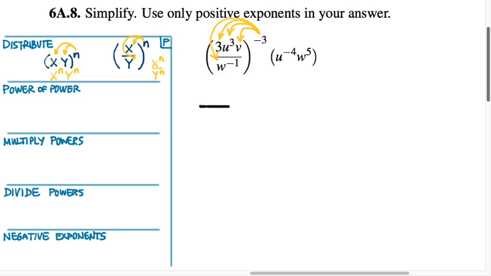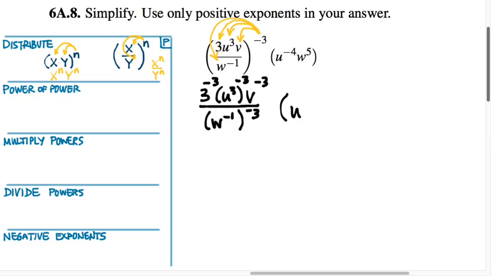Namely, we end up upstairs with 3 to the power -3 times u cubed to the power -3 times v to the power -3, and then downstairs we end up with w to the power -1 raised to the power -3. So that -3 shows up in 4 different places after we finish our distribution.